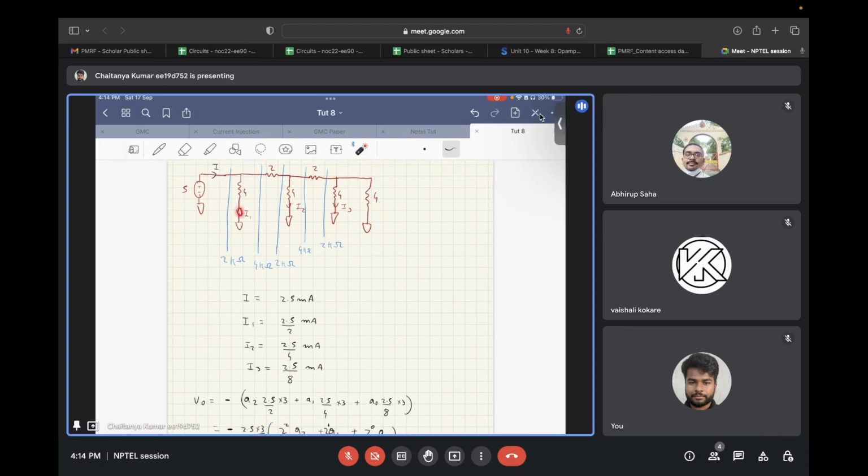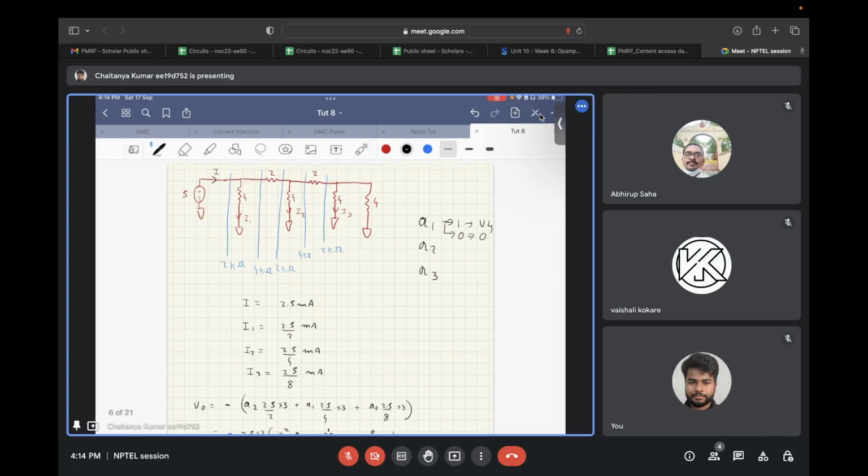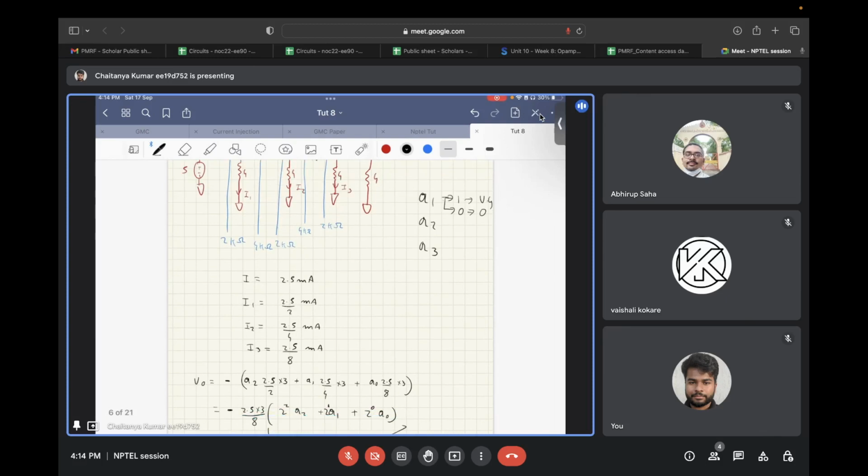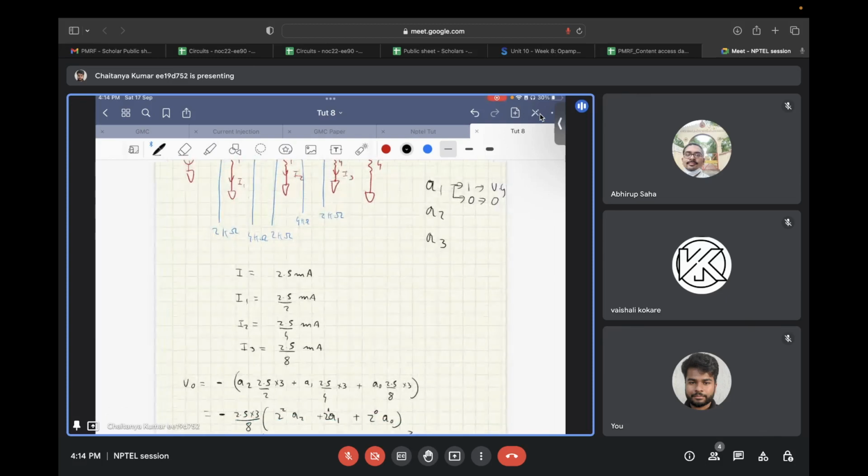Now, let's denote these variables A1, A2, A3. When A1 is 1, that means it is connected to virtual ground, and when A1 is 0, that means it's connected to the other ground, that is, no current is flowing into the op amp. So in this case, what you can write as the overall output voltage is: this is the I1 flowing, and here you have A1.